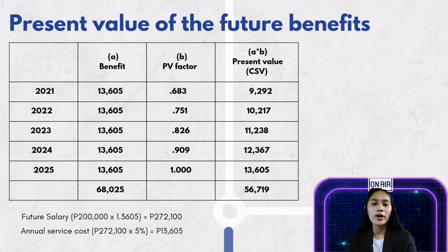So, bakit siya naging 4? Kasi ang 2021 ay 4 years bago mag-2025. To get the present value factor of 2022, 1 over 1.10 to the 3rd power equals 0.751. And the rest, same process din. Sa present value naman, you just have to multiply the benefit and the present value factor.